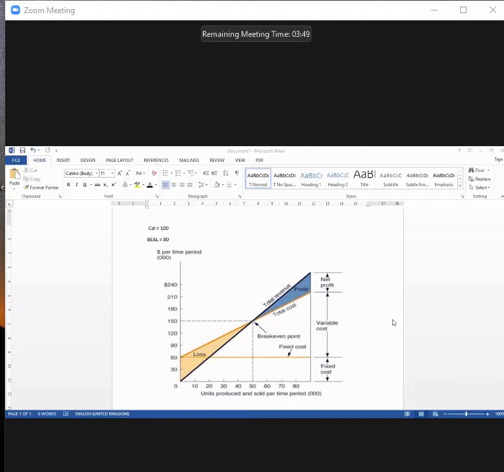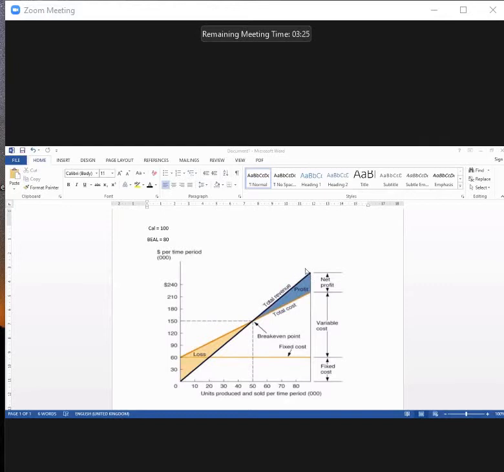Hello, sir. Yes. Okay. So the curve for the margin of safety, how does the curve relate in the diagram? It's not a curve. It's a region. Okay, now can you see my cursor? Your cursor, yes, sir. Where are the profits?